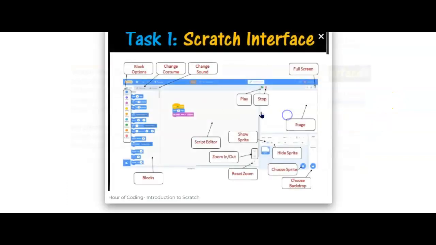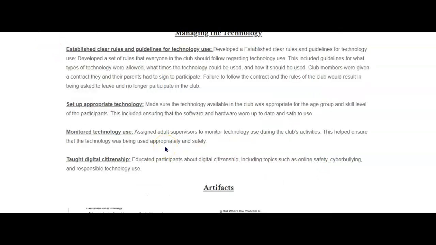We also offered Hour of Code to show students step-by-step processes of creating their sprites on the Scratch interface. To ensure that students were on task and stayed engaged with the activities, there were assigned adult supervisors to monitor the technology use while in person.